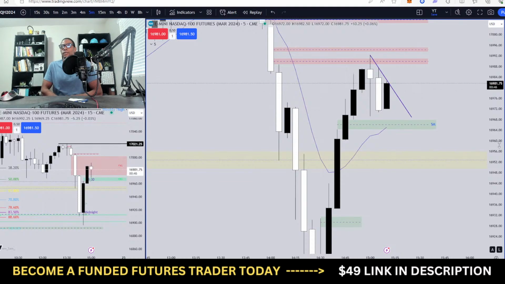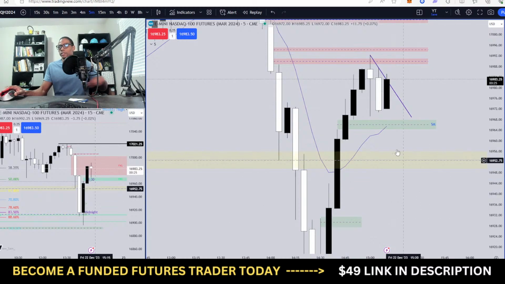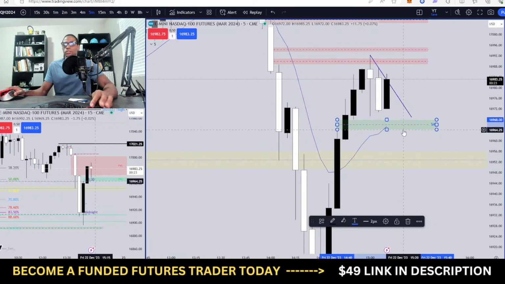About another minute before this candle closes. Let's see if we can continue pushing upwards. Maybe take out the high of the previous candle or even that swing high of 2 candles ago. You know what? Let's make it easier on ourselves. Let's just copy this one since it already has text.